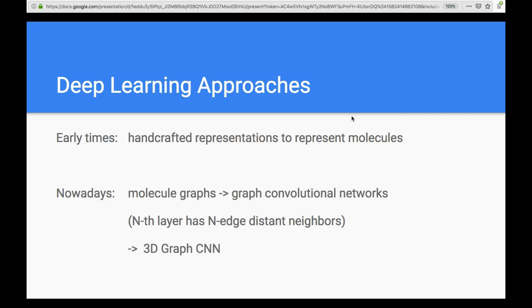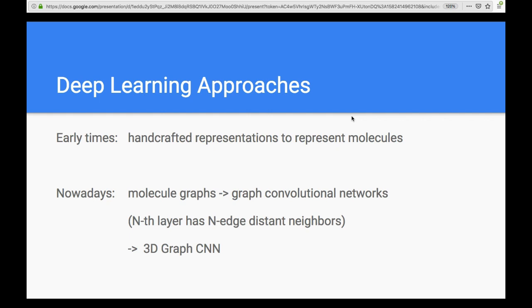So they use graph convolutional neural networks to solve this problem. And the good thing about a graph convolutional neural network is the deeper you go, the more the model can see the whole picture, right? It's just like a convolutional neural network. You go deep, then your features become more abstract and more broad.